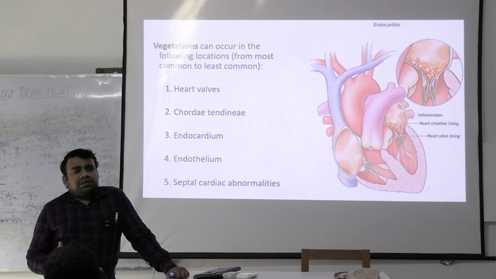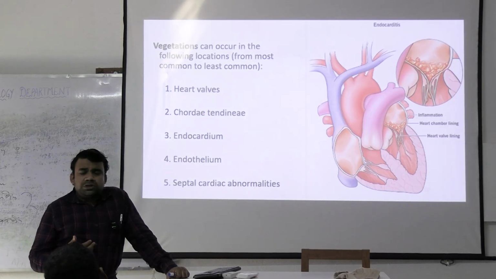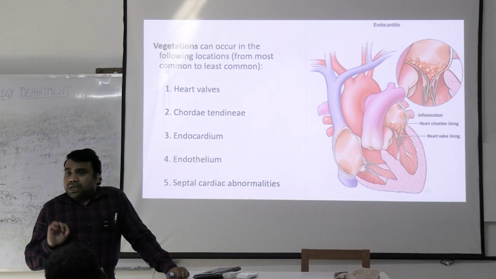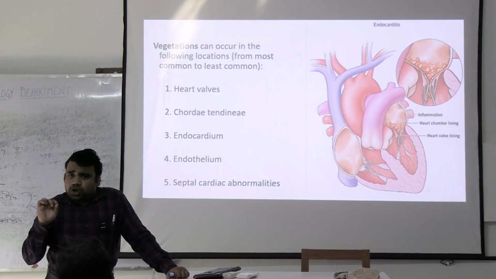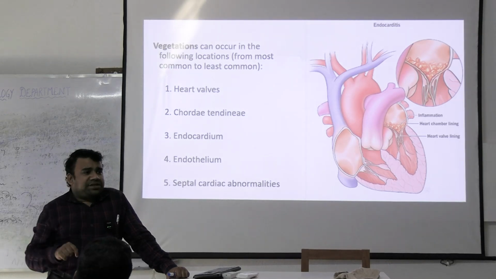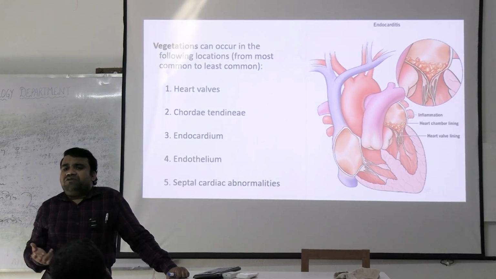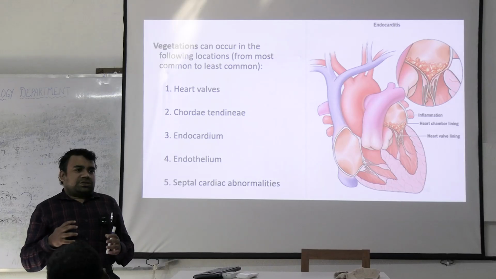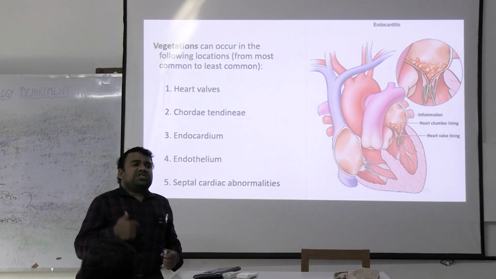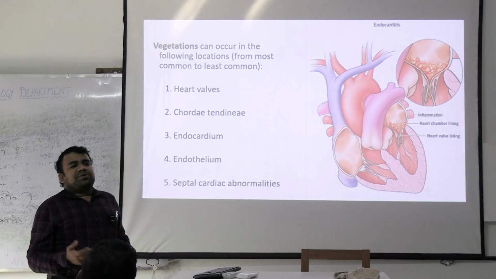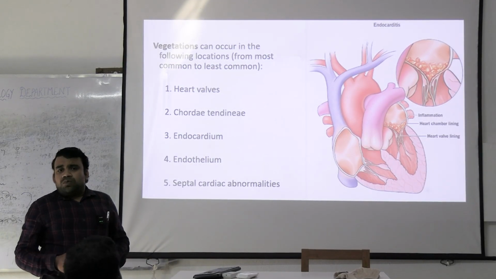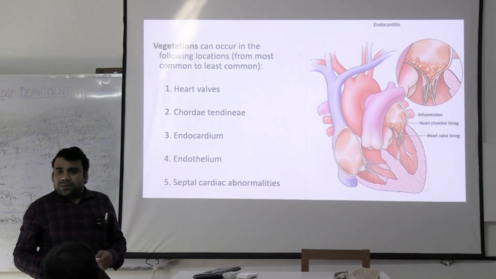Now this pressure is sometimes sufficient to cause small damage in the valves itself. These areas then slowly, what will happen? The microorganisms get lodged in these areas. And what will the body try? It will try to contain the infection by recruiting inflammatory cells, depositing fibrin and platelets that are present in the blood. When they all agglomerate at a certain place, we call it a vegetation.